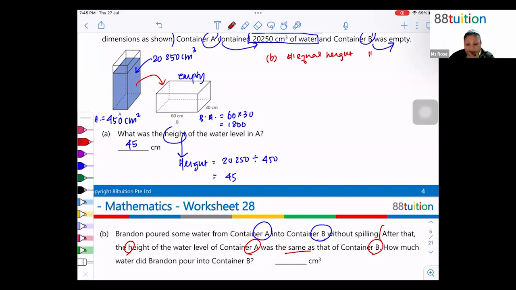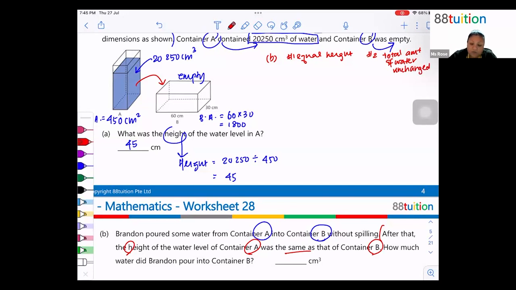And the other condition you have is what? Did the total amount of water change? Anyone? No. So that means the total amount of water remains unchanged.